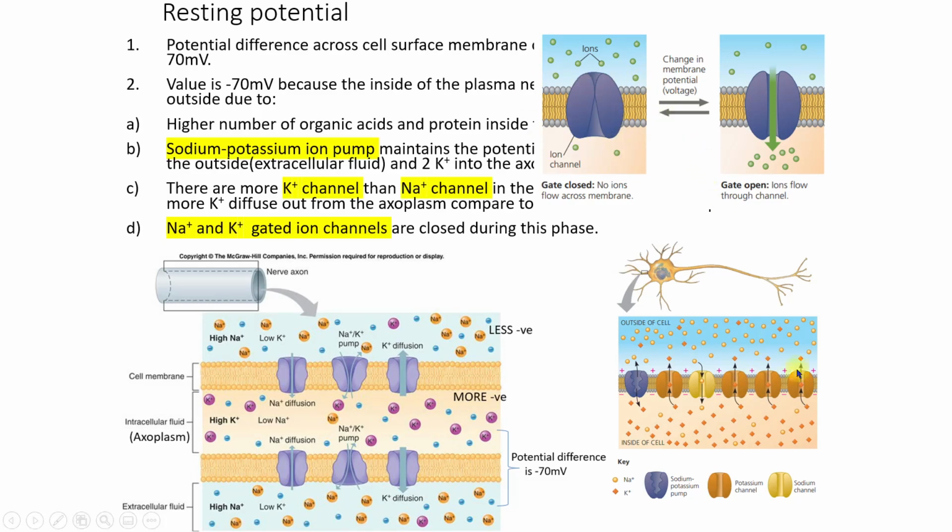It is not shown here, but roughly this is how a sodium ion gated ion channel looks like. So 4 factors maintain a resting neuron in its resting potential, which is -70 millivolts.